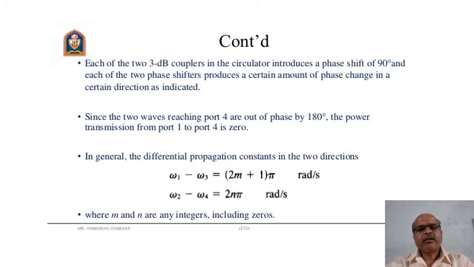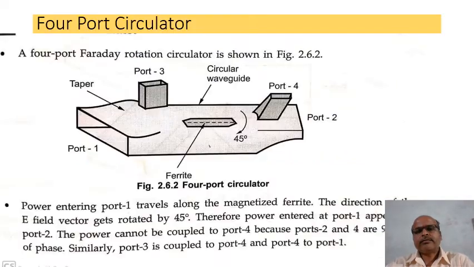In general, the differential propagation constant in two directions is β1 minus β3 equal to (2m plus 1) pi radians, and β2 minus β4 is equal to 2n pi radians, where m and n are any integers including zero.